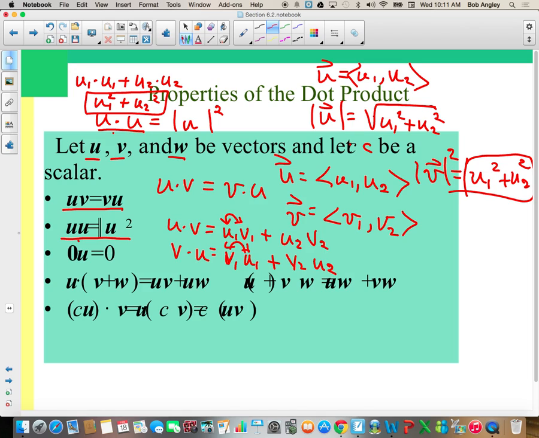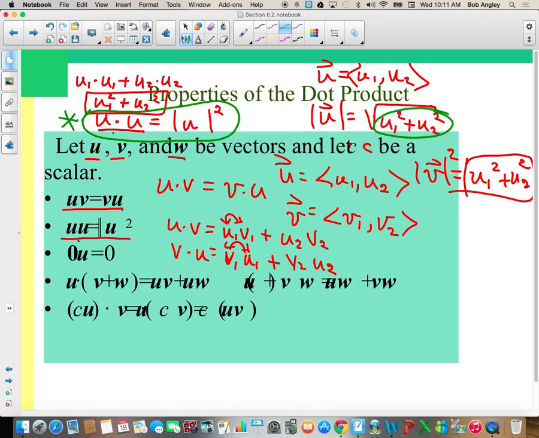I'm going to circle this in green so you can tell that's the property. This one is relatively important to us because if we take the dot product of something with itself, we don't get a square root in the answer. We just get the components squared, the guts of that right there.